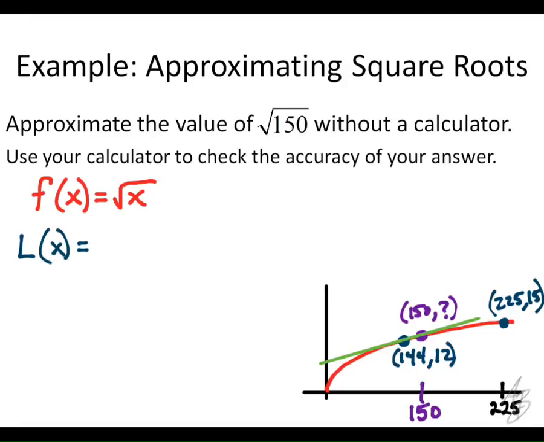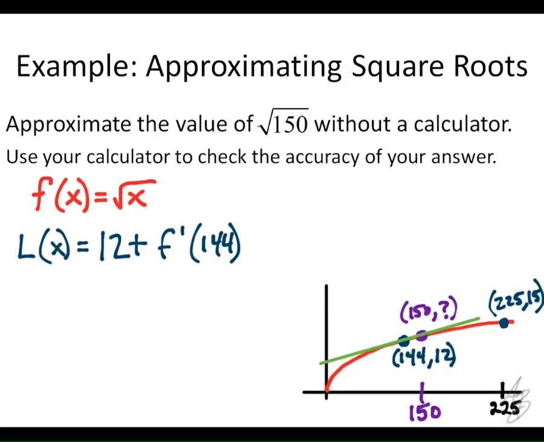What are we going to put in for a? 144. So it's going to be f of 144, which is 12, plus the derivative of the function at 144. And does anybody know what the derivative of the function at 144 is? What are we probably going to have to do?